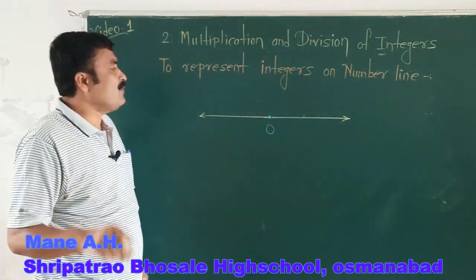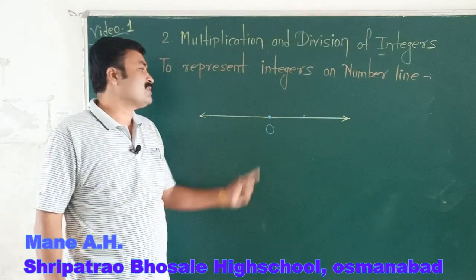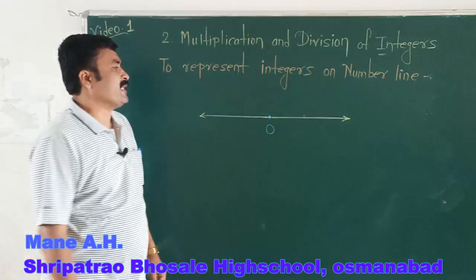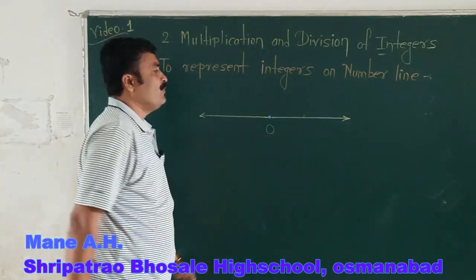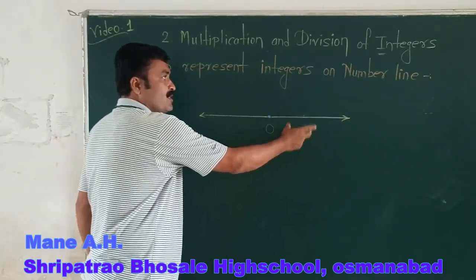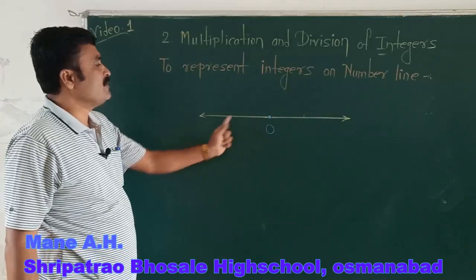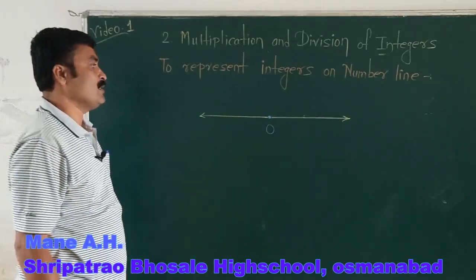So when we draw a number line, the first number we always represent there is 0. Now after that, on the right side of this 0 we take positive integers, and on the left side of this 0 we take all negative integers.